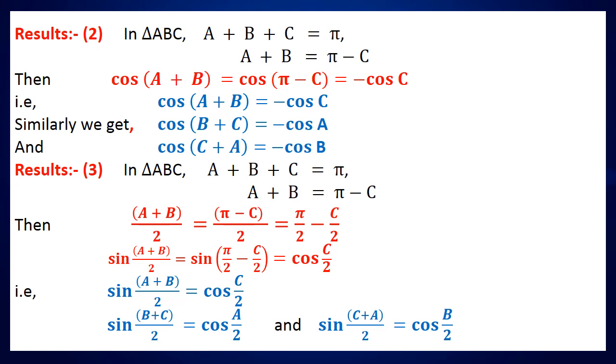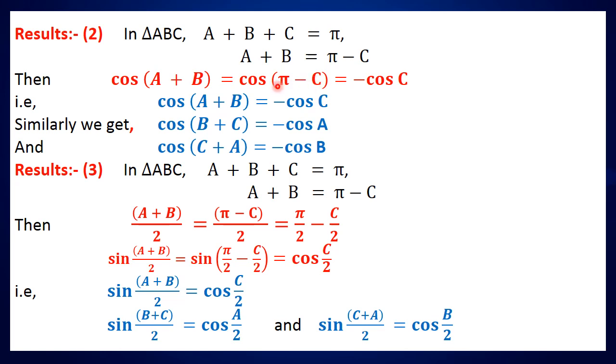Second result, using A plus B plus C is equal to pi, we write A plus B is equal to pi minus C and apply cos on both sides, that is cos of A plus B is equal to cos of pi minus C, and we know cos of 180 minus theta is minus cos theta because pi minus C is in the second quadrant. So it is the pi minus theta form.